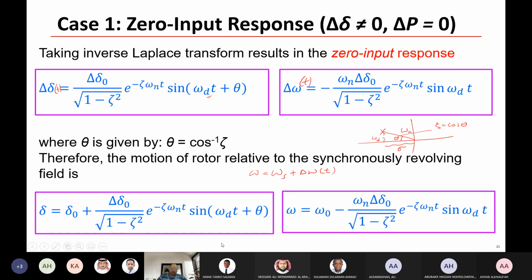This is also omega s, the synchronous speed. So these are delta of t and omega of t for the system zero input response.